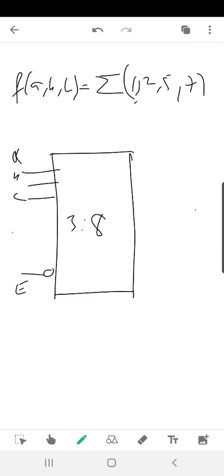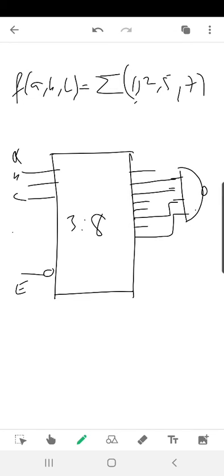That means put Y1, then Y2, then our Y5, and then our Y7 to a NAND gate. So this is our NAND gate. Put them to a NAND gate. This is Y0, Y1, Y2, Y3, Y4, Y5, Y6, Y7. So the output of this NAND gate will be our function. So this is how we will implement our functions using our active low and active high decoders. Fine.